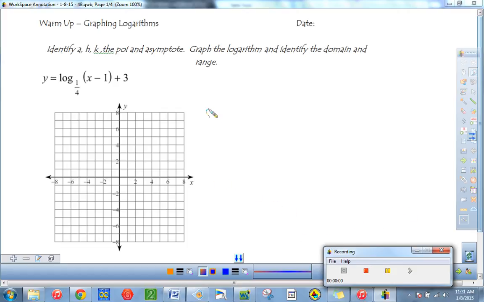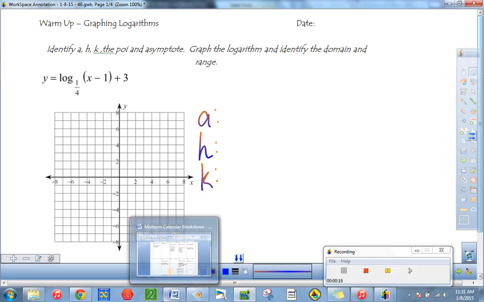All right. What pieces do you need when you're graphing? What letters? A, H, and K. This is the warm-up. Okay. They are in order.